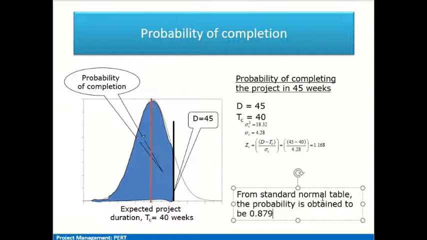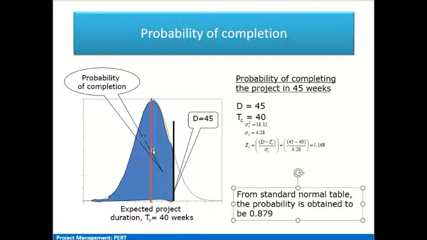So we have the table booklet, in which the plots for different distributions are shown for Z score and the associated probability. Corresponding to this value of Z, from there we get the value of probability as close to 0.878, which means close to 88% probability that the project will get completed in 45 weeks.